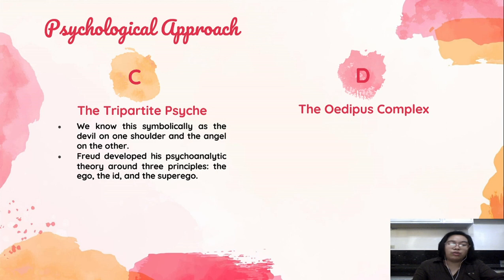Next is the ego. Ego is the conscious part. It is the part of the mind that interacts with the external environment and with other people in social situations. So in this time, the ego is reasonable, sane, and mature in nature. Lastly, the superego.